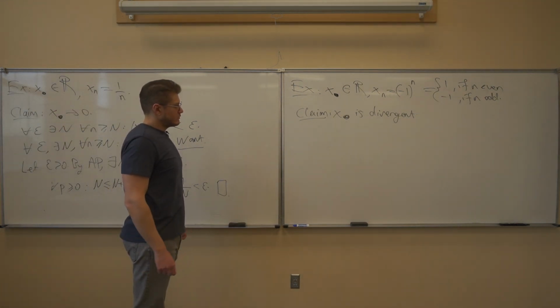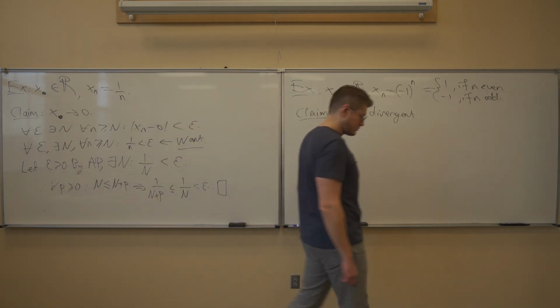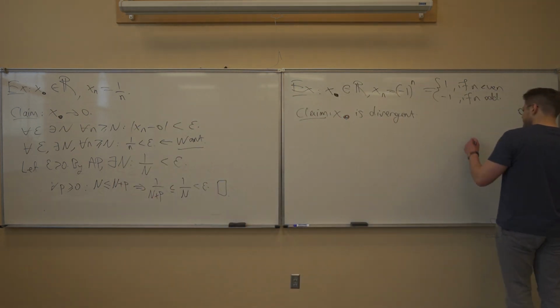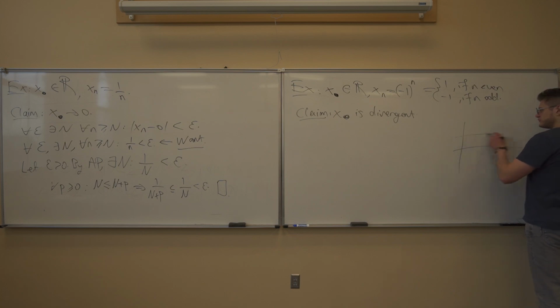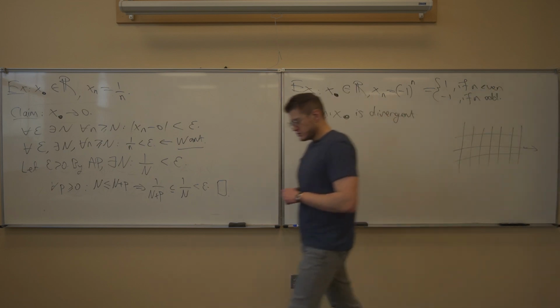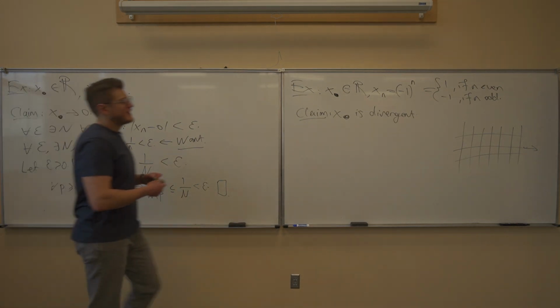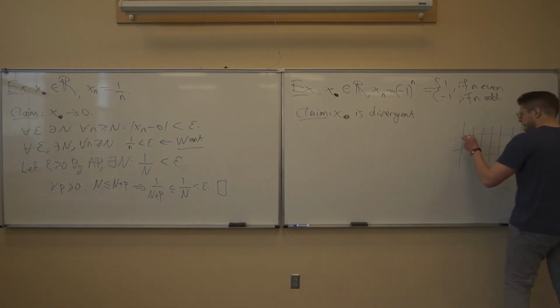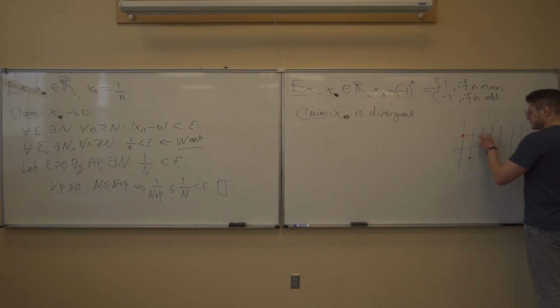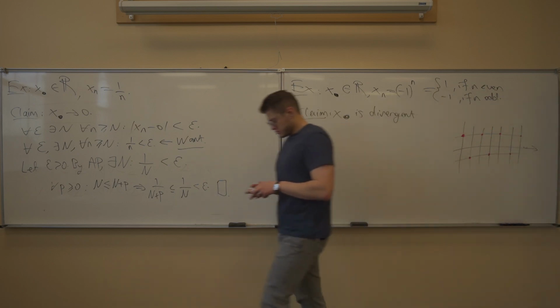Okay, now how to argue? Well, let's think about this. Here's my sequence, and this direction is positive time. I'm saying that this sequence doesn't stabilize. So let's say that we started at 0, so that it oscillates like so, and so on.